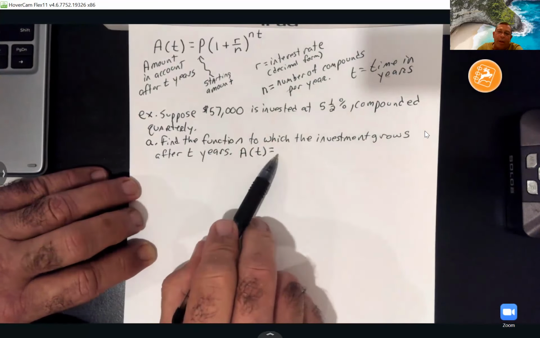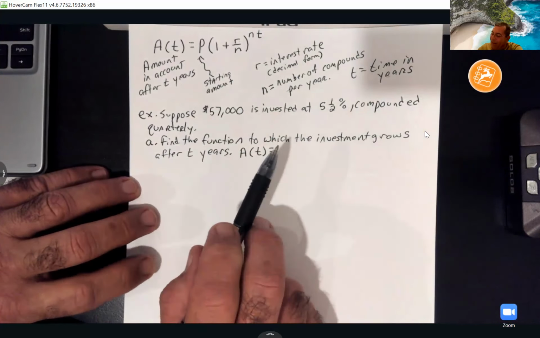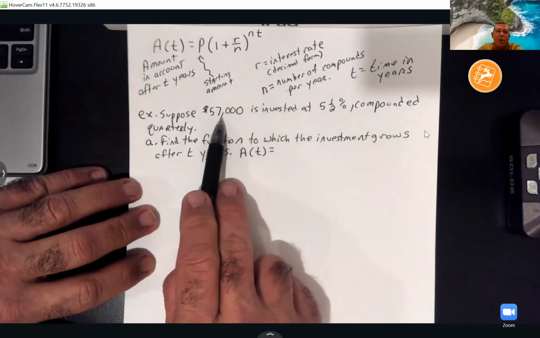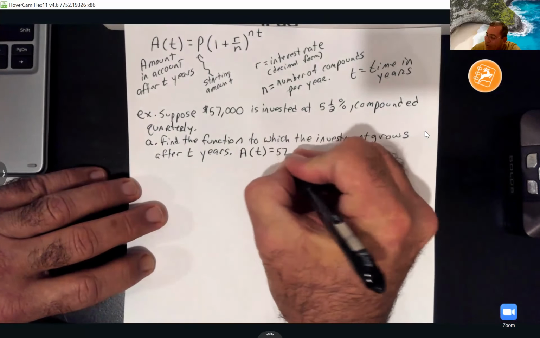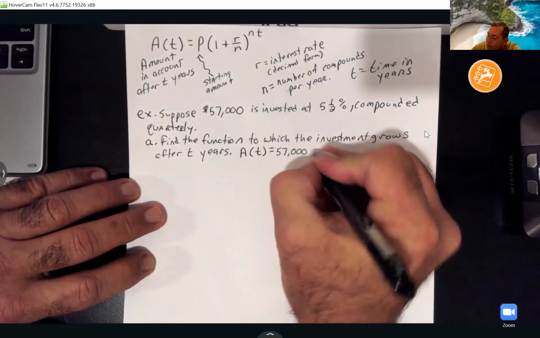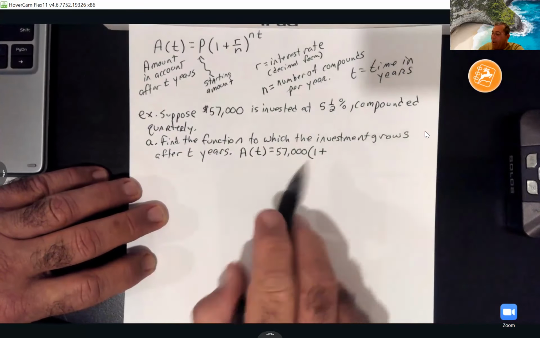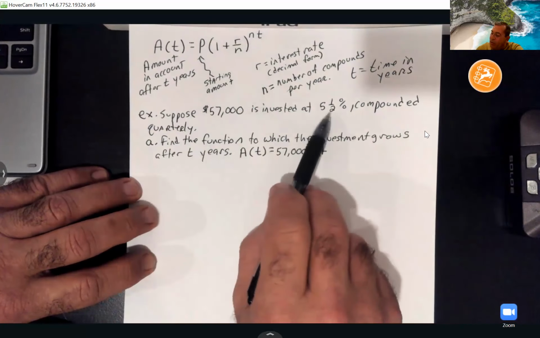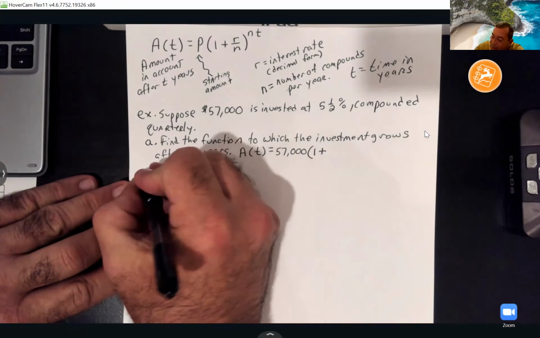Do we know our P? Well, y'all, they gave me that principal we started with, right? The starting amount they gave me was 57,000. Then we got 1 plus, oh, R, that's my interest rate. Well, the interest rate they gave me was 5.5%.